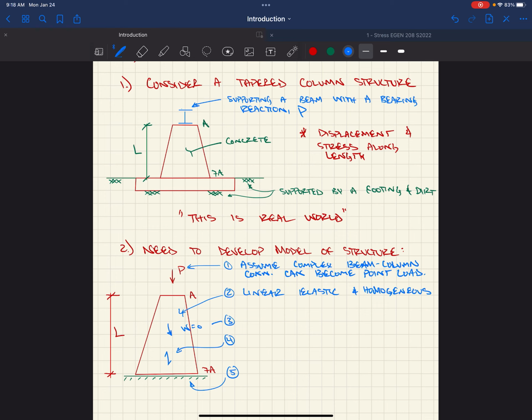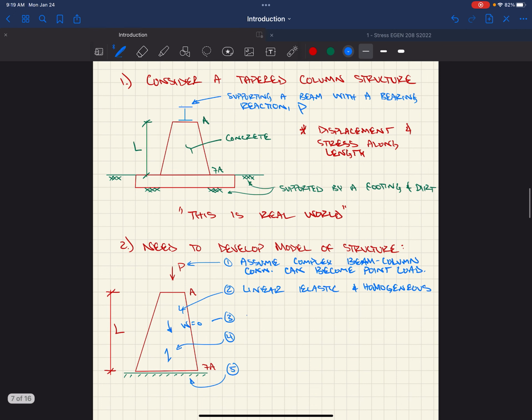Any ideas how we could assume that the weight of the column is nothing? 0? So E is really big. Yes, exactly. In contrast to the applied load, the self-weight is going to be very, very small. So we're just going to ignore it. We're going to assume our P is a lot bigger than W, so we're going to neglect it.